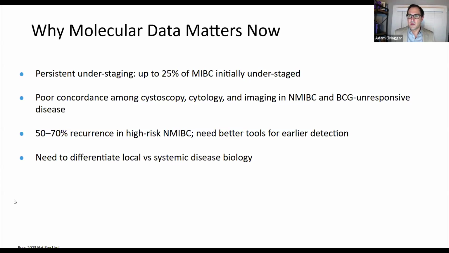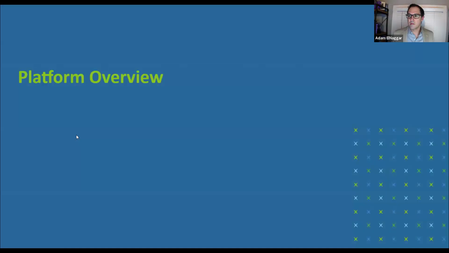Certainly limitations when we talk about cystoscopy, cytology, and imaging in these non-muscle invasive patients or when they're unresponsive to therapy. And so I think this non-muscle invasive is an emerging space where we're starting to see use in ctDNA, and I think we'll hit on that a little bit. And then, of course, there's the role of how do we identify patients that are most likely to benefit from systemic therapy, particularly like adjuvant therapy.